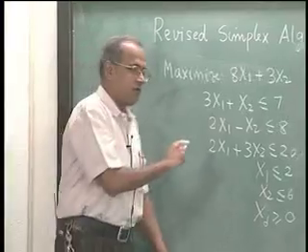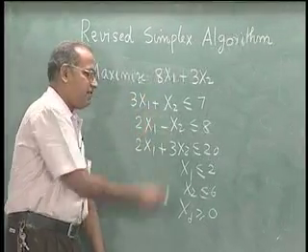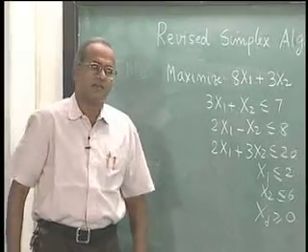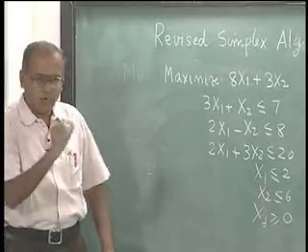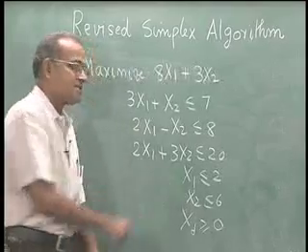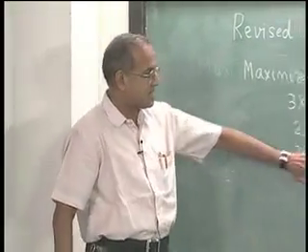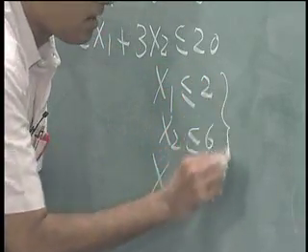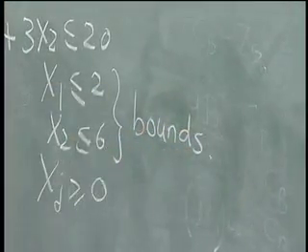The thing is, if we use the revised simplex or even the tabular form of the simplex, we will have 5 constraints, and in every iteration we will be inverting a 5 by 5 matrix. Now, a closer look at these 2 constraints tells us that they involve only one variable, and therefore, they are not treated as constraints, they are called bounds on the variable.